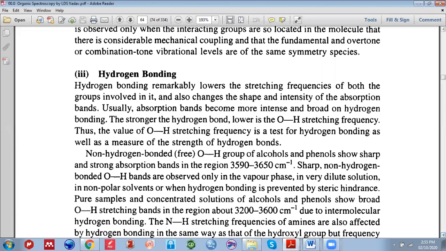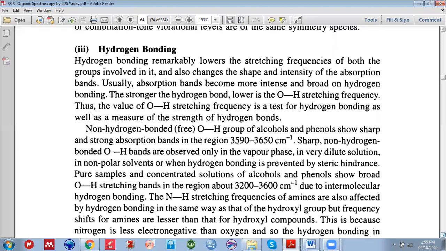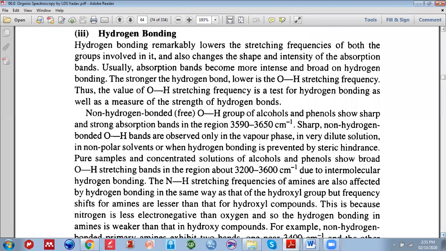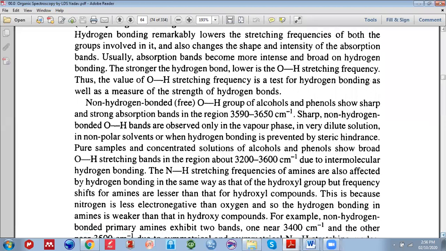NH stretching frequencies of amines are also affected by hydrogen bonding in the same way as the hydroxyl group, but the frequency shifts for amines are lesser than for hydroxyl compounds. This is because nitrogen is less electronegative than oxygen, so hydrogen bonding in amines is weaker than in hydroxy compounds.